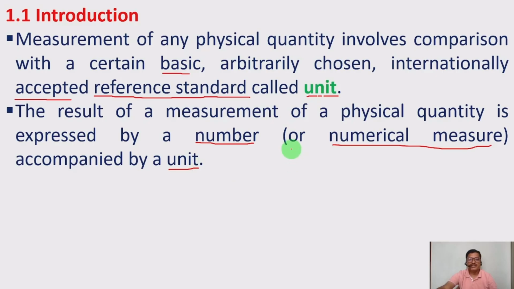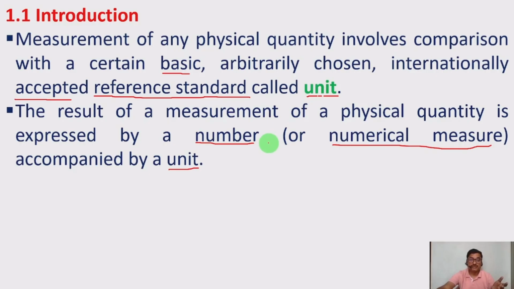Why are a number and a unit required? As we know, if we go to any shop and ask the shopkeeper to give 5 grains, mentioning only the number 5, what should he understand? Should he give 5 grains, or 5 bags, or something else? Unless and until you mention the unit, it is not valid.